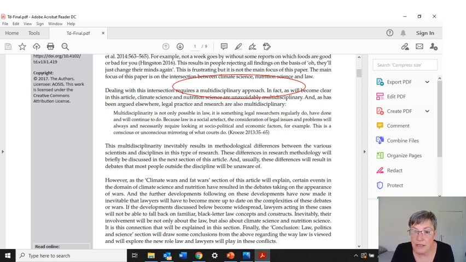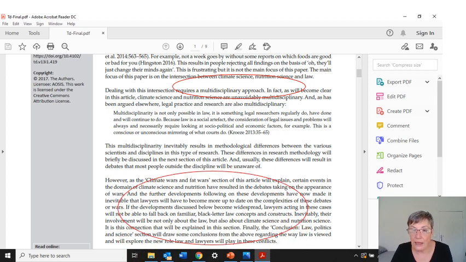It's about various disciplines. It's about climate science. It's about nutrition science and how they link to law. So the author will quite often tell you what his or her approach is. Look for the words, my approach is, my take on this is, I think this. That's where you find this, the secret.